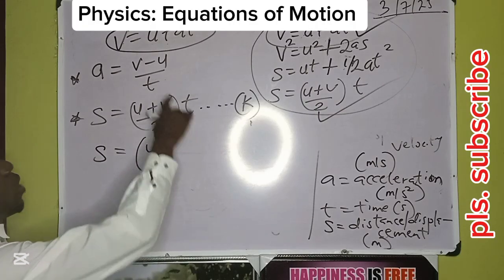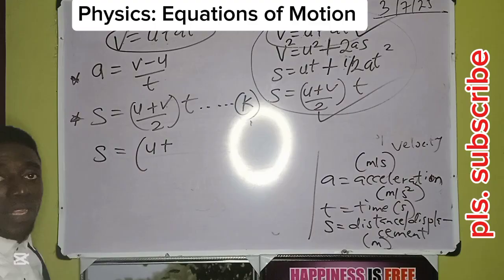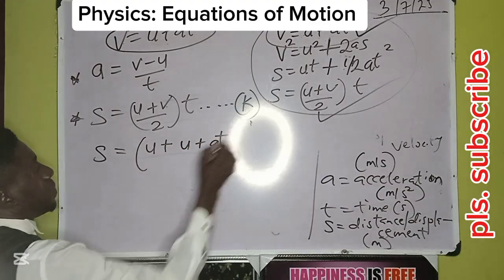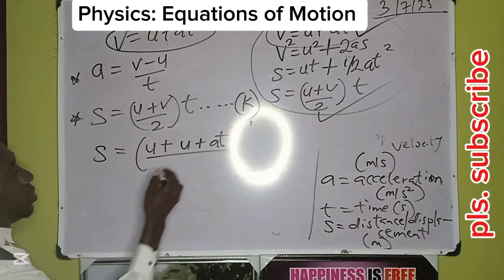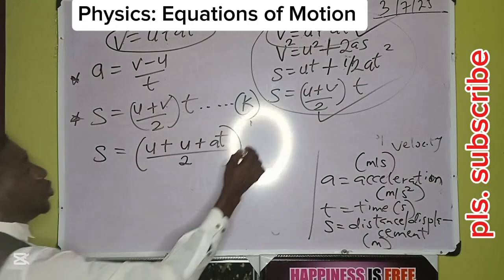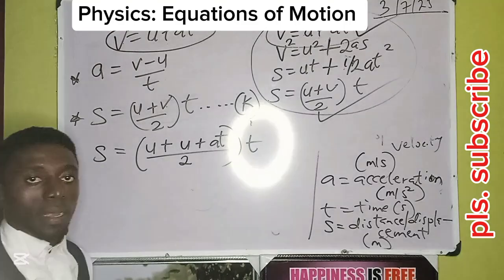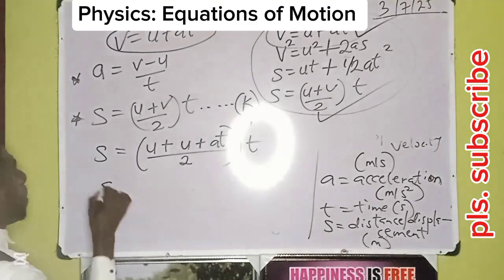Instead of putting v, I'll put the other value of v. U plus at over 2, times time. Then continue with the expression. Let's see what it turns to become.